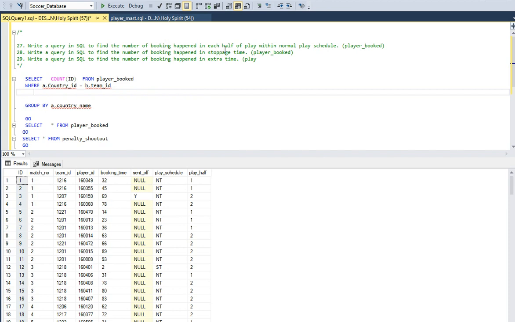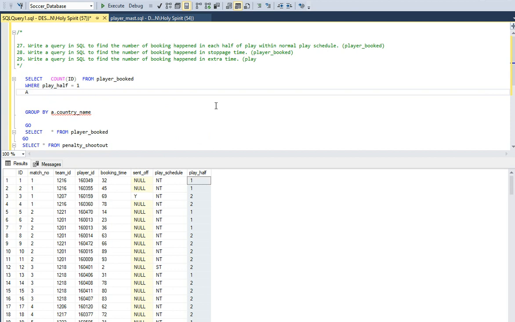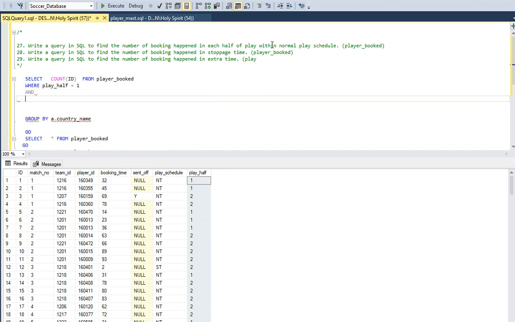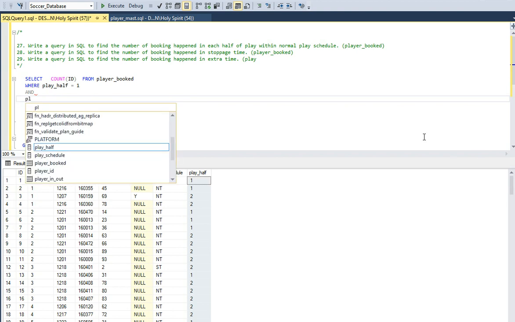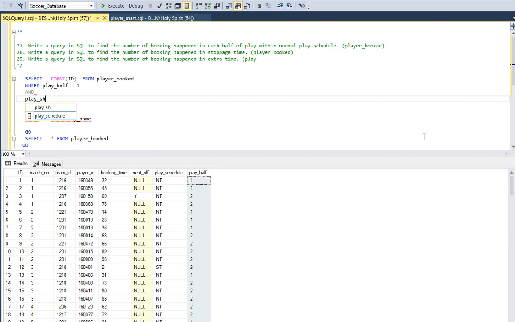Okay. In each half of play within normal play schedule. In each half of play. Play half is 1. Play half is equal to 1, and another 2 conditions within normal play schedule NT. Play schedule is equal to NT.